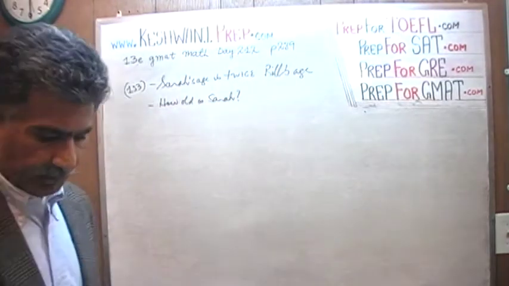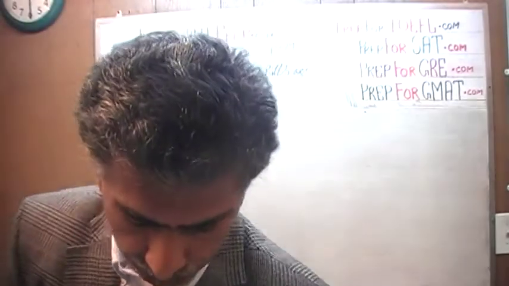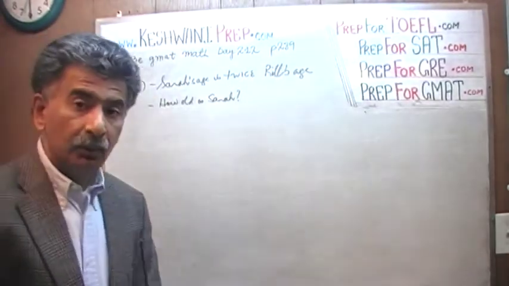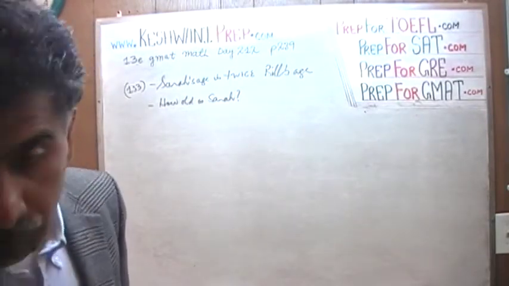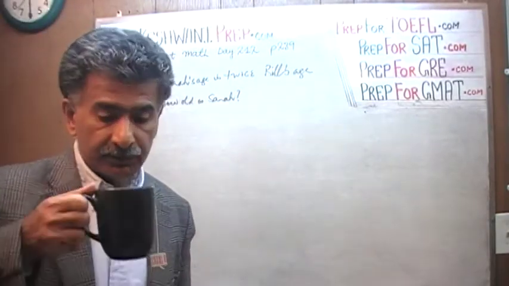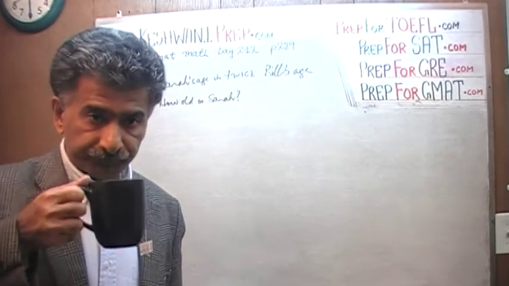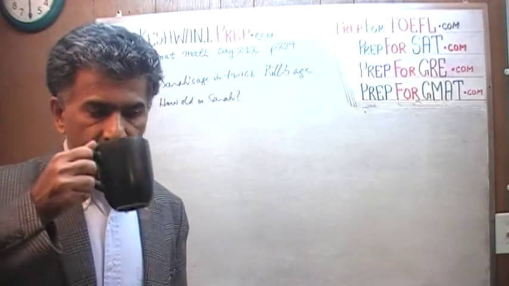Now, before we do any work at all, we should realize immediately that here we are dealing with two unknowns: Sarah's age, which we do not know, and Bill's age.